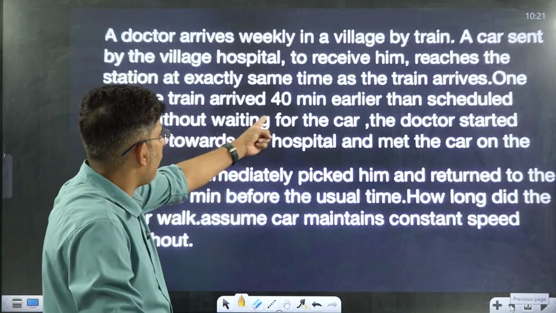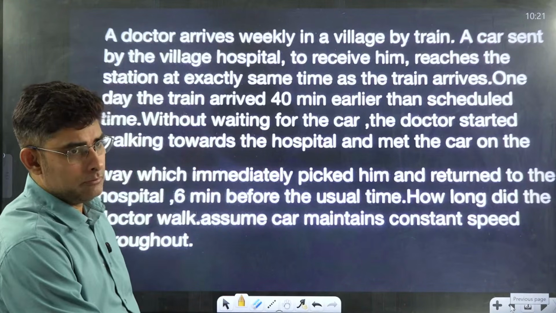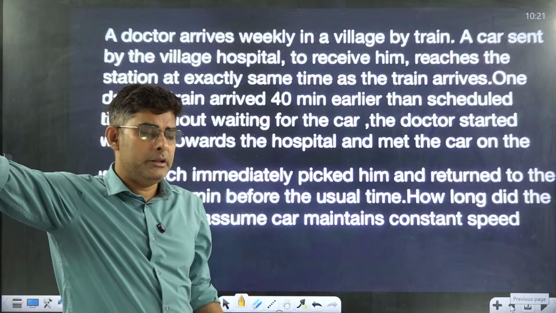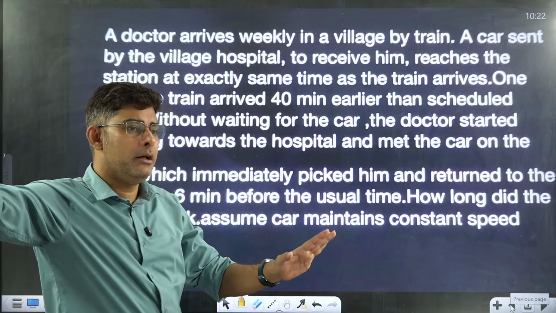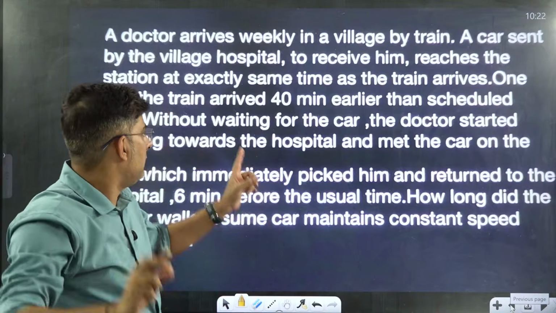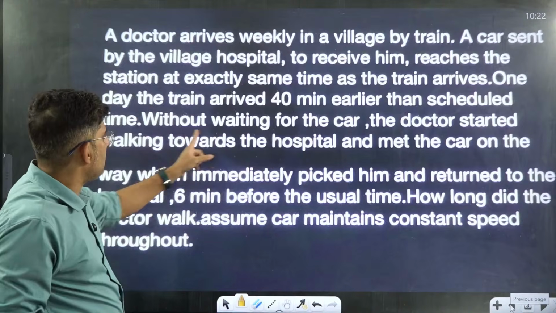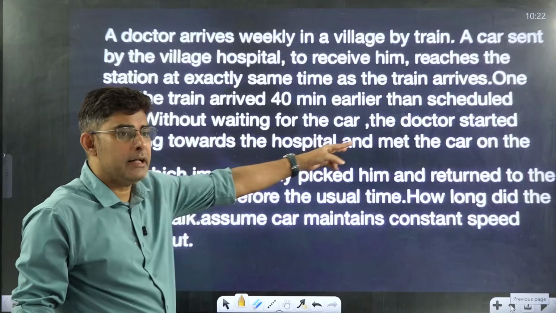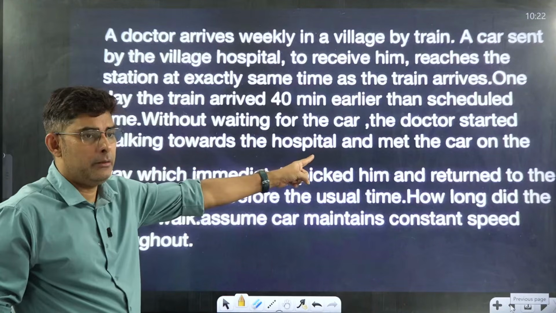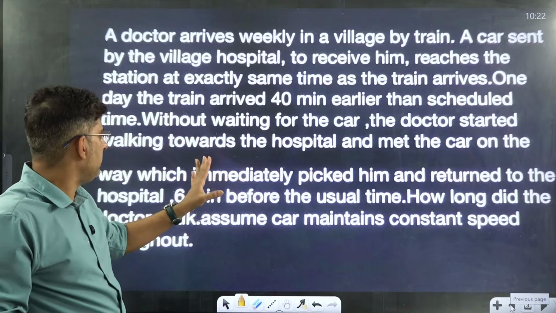The train arrived 40 minutes earlier than the scheduled time. So the car, it knows when the doctor will come by train, it is still going its own way, but the train arrived 40 minutes earlier than scheduled, and the doctor did not wait for the car.